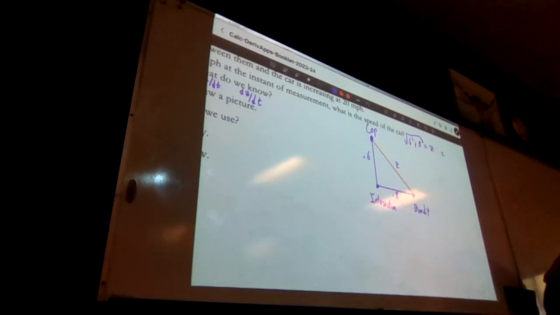It's 0.36, the square root of 0.36 plus 0.64. That makes sense, because 6 squared plus 8 squared is 100. Exactly. Okay. That makes more sense now.